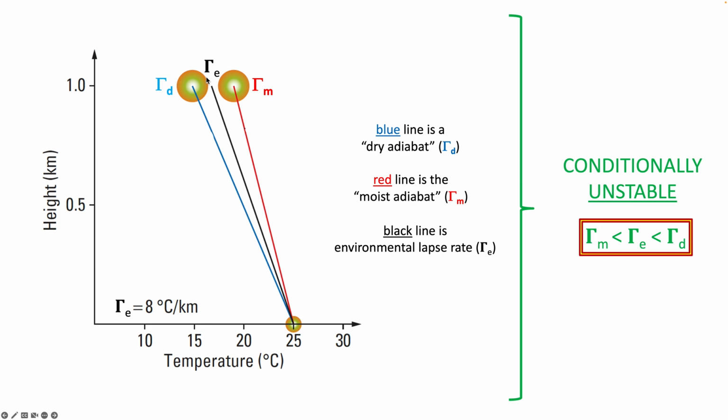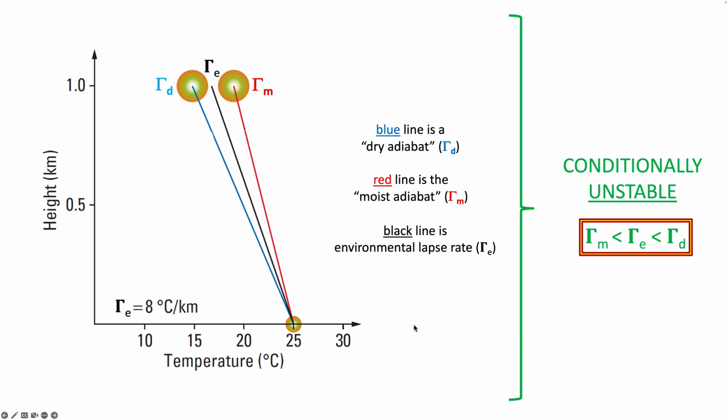When the environmental lapse rate is less than the dry adiabatic lapse rate, dry air will be stable and will come back down. But when it's greater than the moist rate, the moist air will be unstable and will go back up on its own. So we basically have instability when the atmosphere is moist or saturated. This is conditional instability, and the condition for instability is that the air has to be moist for the atmosphere to be unstable.